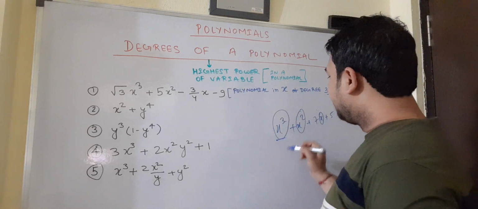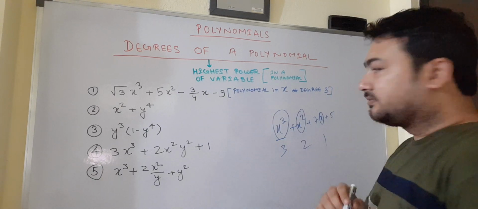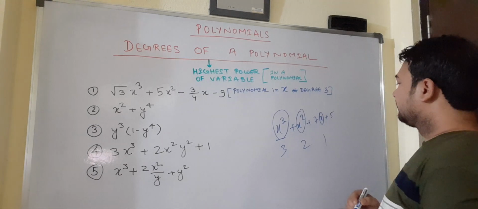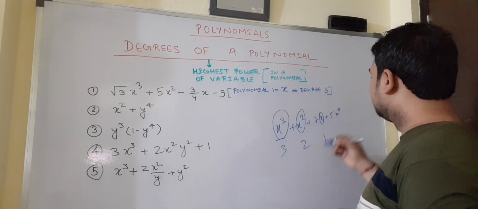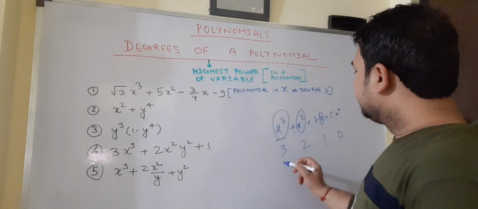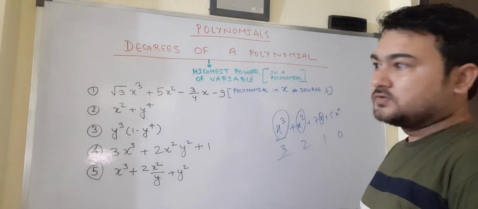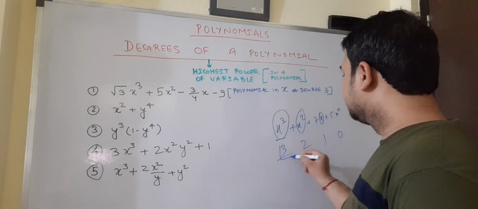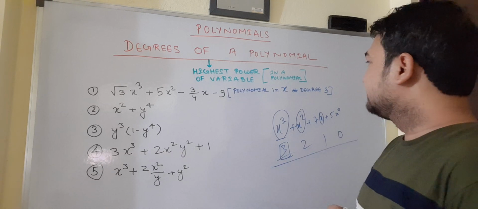Here the variable has a power of 3, here the variable has a power of 2, and here the variable has a power of 1. You can assume x to the power 0 here, so the power of variable is 0. So what is the highest power of the variable? The highest power of the variable is 3. So the degree of this polynomial is 3.